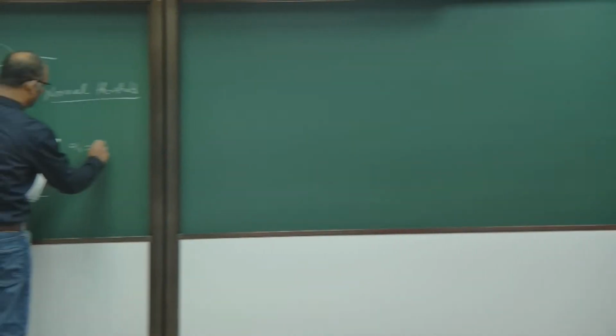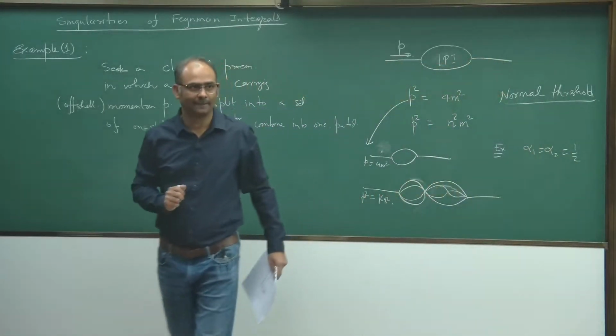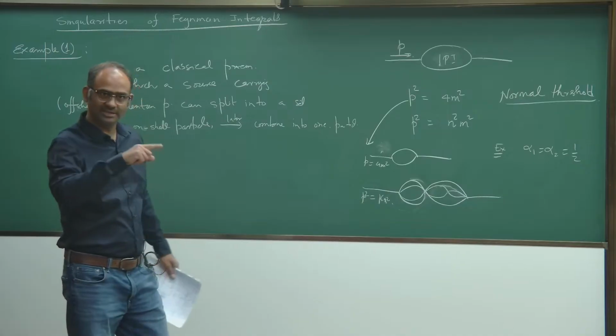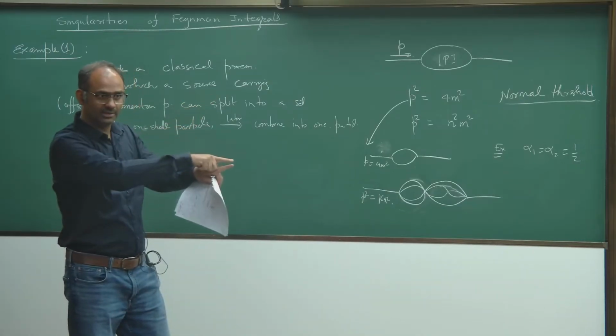I'll leave it as an exercise. It's easy. Find out that alpha 1 and alpha 2 are equal and they equal half. And you know the condition on the k's or the q's equivalently. They should be collinear.